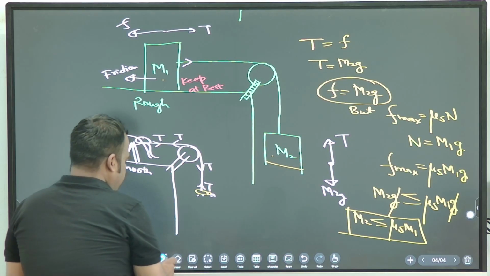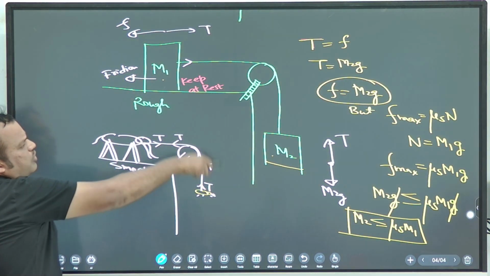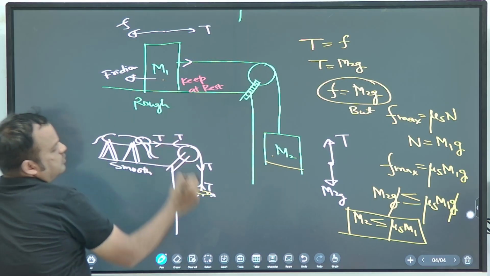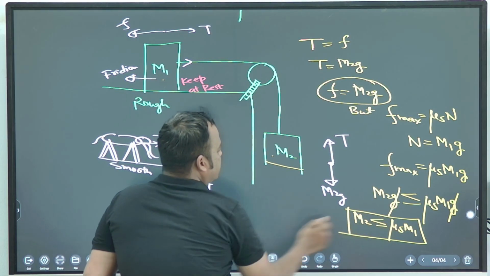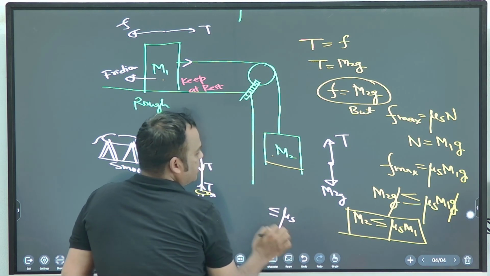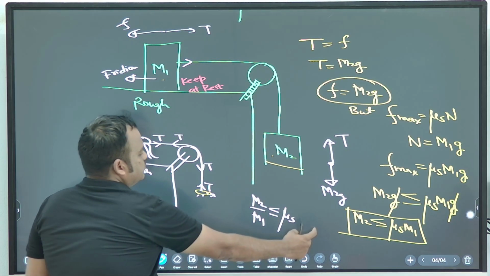So this is the condition. Remember this, memorize this in your formula diary. Also write down, very important. You can check the mu s value also. Mu s must be greater than or equal to M2 by M1.